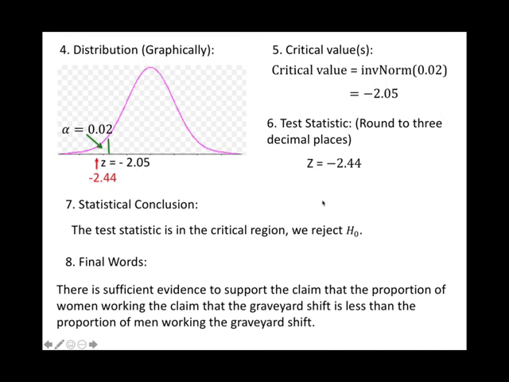On the homework and the exam, I need you guys to show me this picture. Show me the area of the left tail or right tail or two tails. Show me the critical value, and also show me where your test statistic is located. Is it in the critical region or not in the critical region?